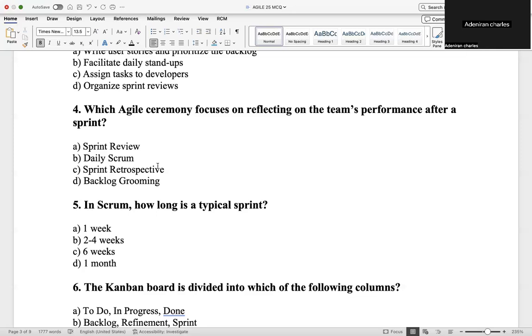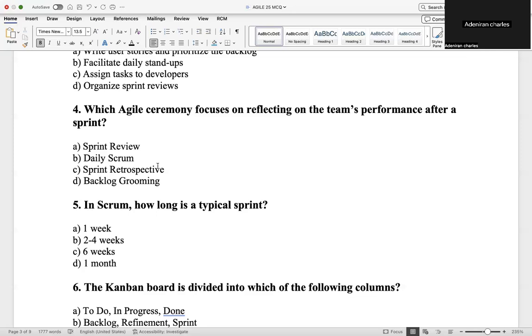So sprint retrospective is the answer to this question. While review is reviewing the solution that was deployed, sprint retrospective is reviewing the team work, the team's performance.